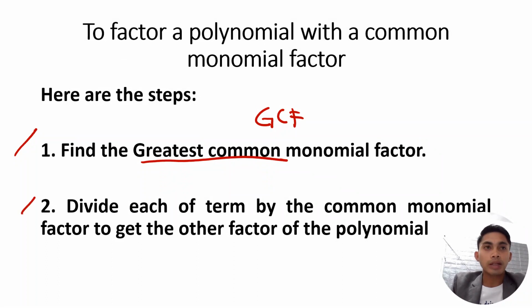And the second is we need to divide each term by the common monomial factor to get the other factor of the polynomial. So let's have example number 2 to apply these steps in factoring a polynomial.